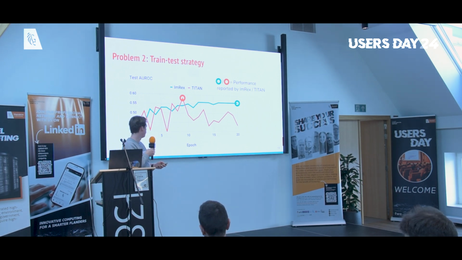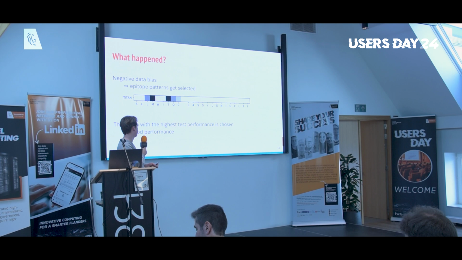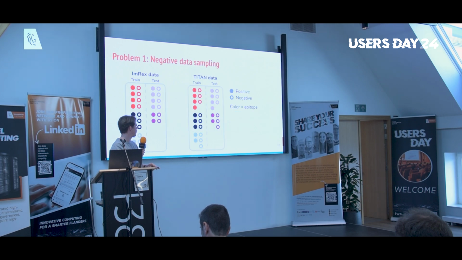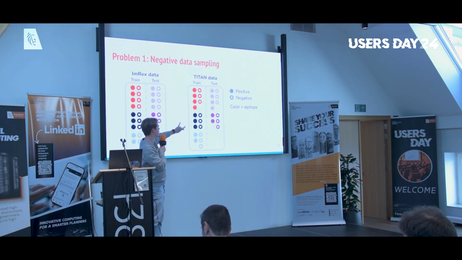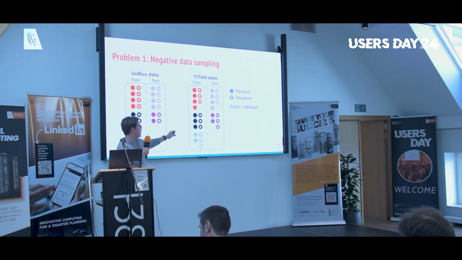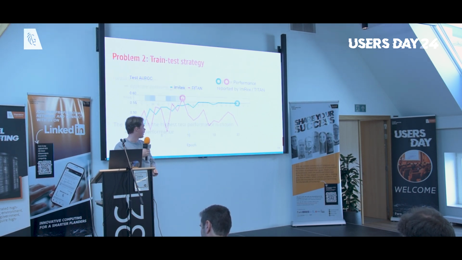We think that just by chance some pattern Titan found in the training data set that corresponded to this imbalance between positive and negative samples could also be applied to the test data set, and then by chance had a very high performance. But if you would apply it on a different data set, it would not have that performance anymore.